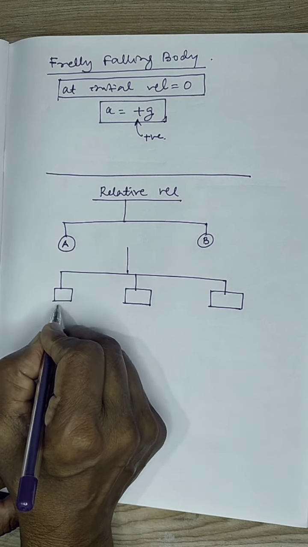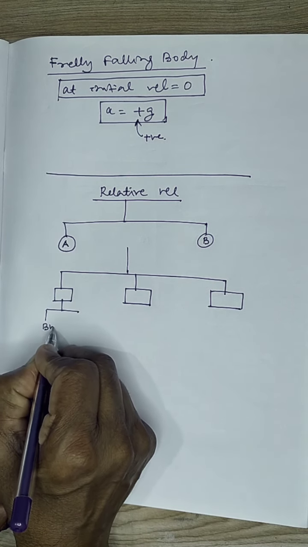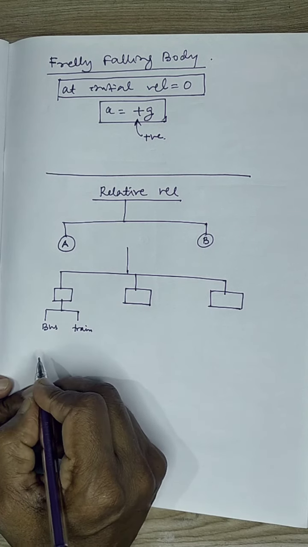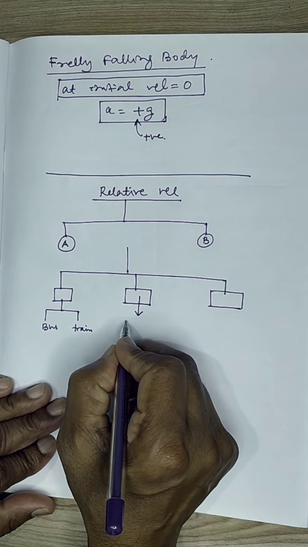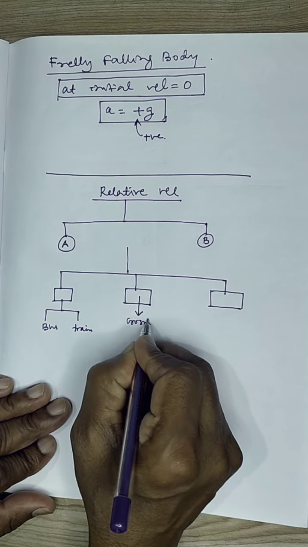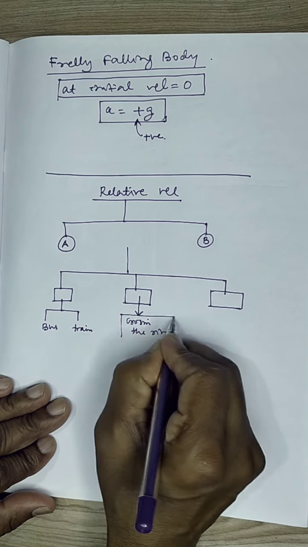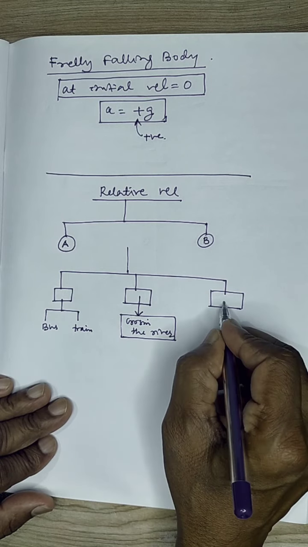This is our vehicle related, let it be a bus or train or any other vehicle. Another is crossing the river from one side to the other side of the river.